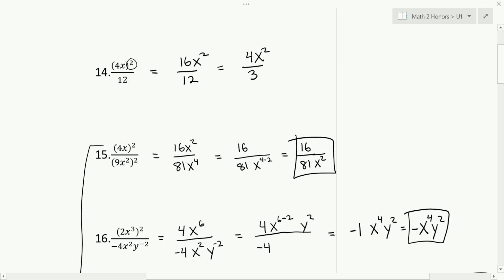I have more in the numerator, so I'm going to do 6 minus 2 in the numerator. And I cannot move that negative 4. That stays there. Okay. And then 4 divided by negative 4 is negative 1. I could reduce that fraction. x to the 4th, y squared. And you don't need to write a negative 1 in front. It's just a negative. So that's where that's come from.